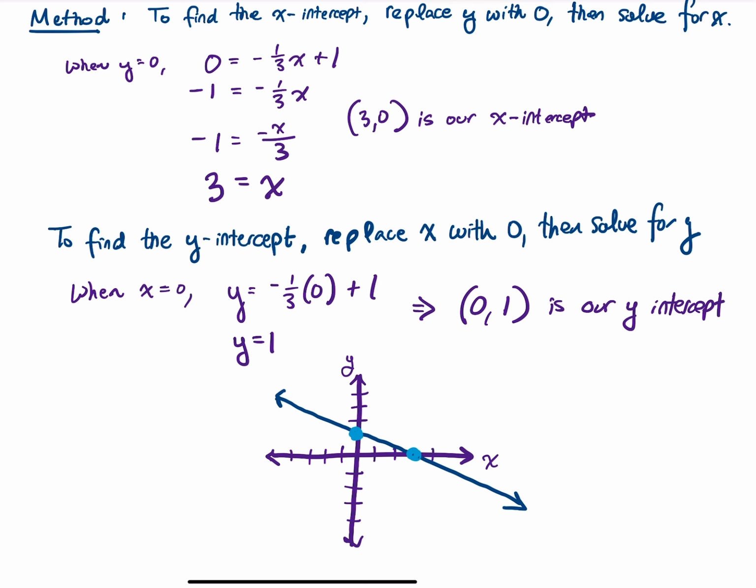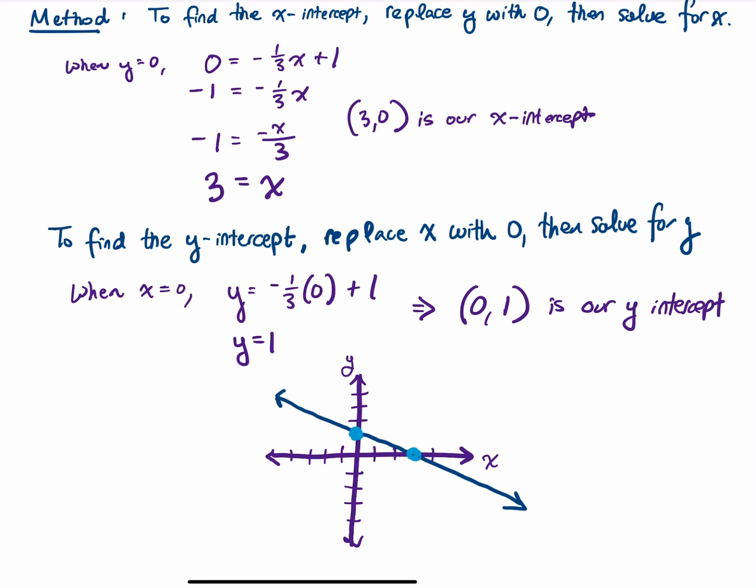So negative 2x equals 0, but then dividing the negative 2 over, we just get that x equals 0. Get that same point again. So in this case, it's going through the origin, so both the x and the y-intercepts are the same point, basically. So we need to find some other points. So sometimes the intercept method may be less useful if you're going through the origin like this.